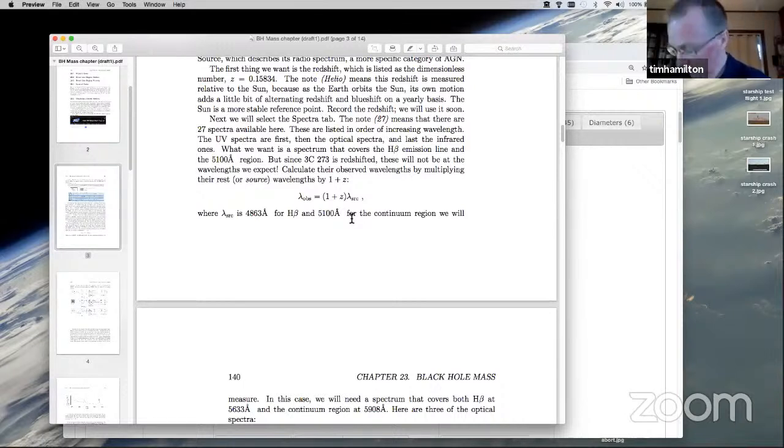I multiply it by 4863, and I get the H beta line will be at 5631 angstroms, and the 5100 will be at 5100 times 1.158, and that is going to be at 5905. So we need to go from 5600 angstroms to 5900 angstroms.